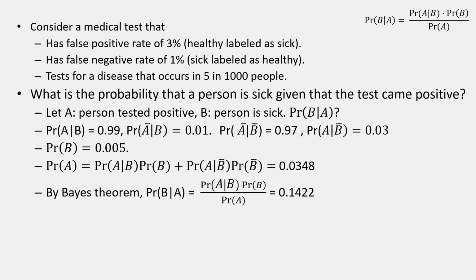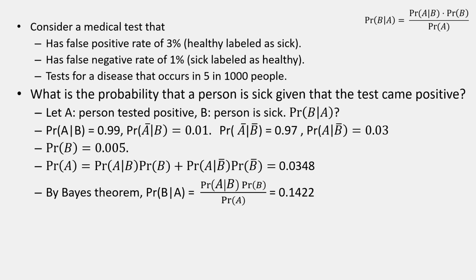If the disease only occurs in 5 out of 1,000 people, and you have a really good test which only has false negative rate of 1% and false positive rate of 3%, if somebody tested positive, they still have a pretty low chance of having the disease, only a little bit over 14%. It's not like for sure they must be sick.